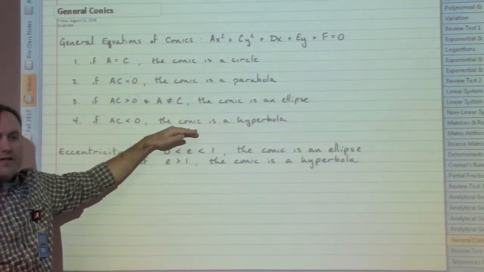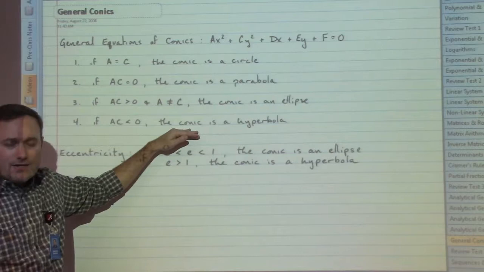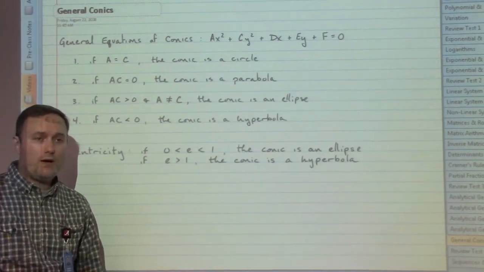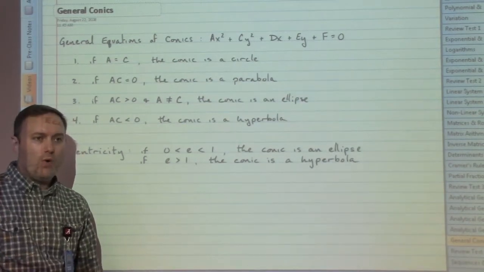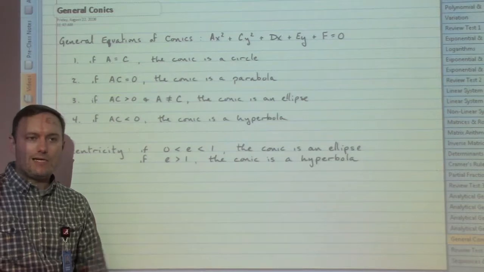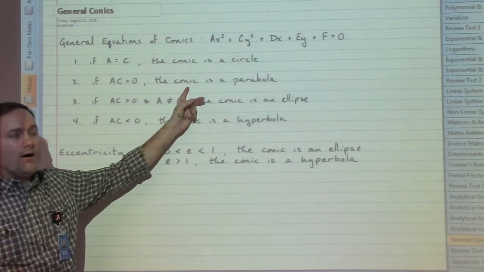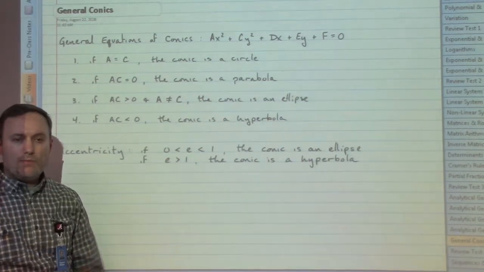If my x squared stuff and my y squared stuff have opposite signs, no matter what, that is a hyperbola. So 16x squared and a minus 16y squared, or 144y squared and a minus 169x squared. Anything where one of my variables is squared but the other one is not means that we've got a parabola.